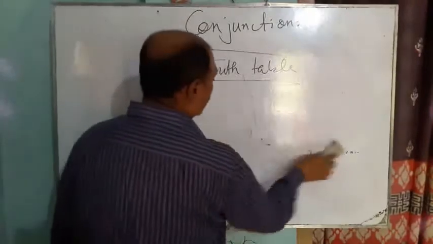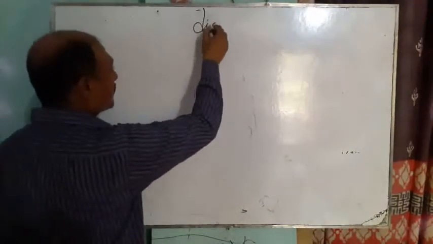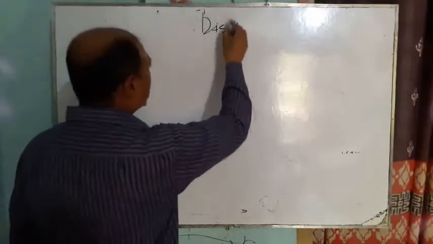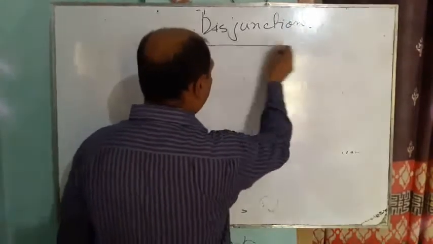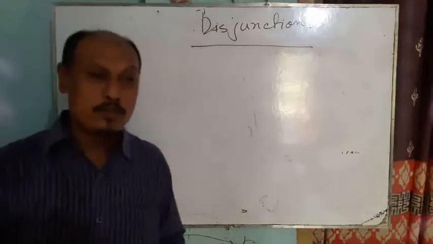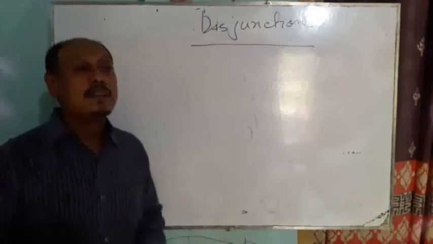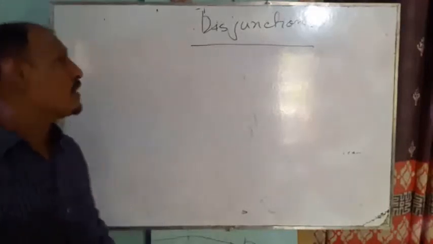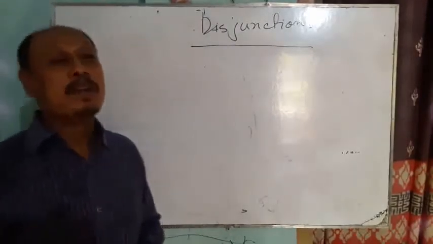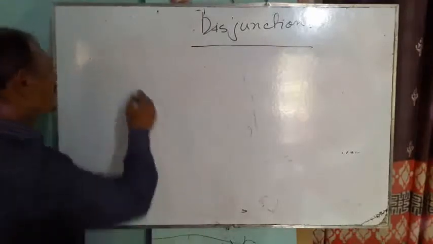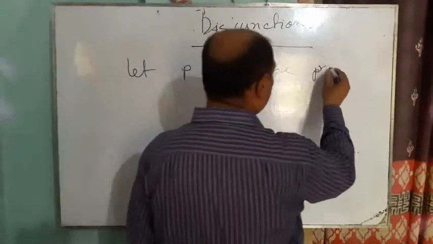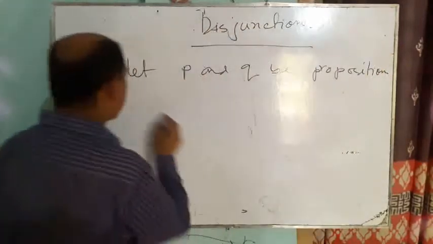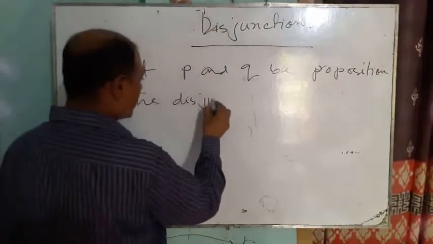Now we know about disjunction. Let P and Q be propositions.